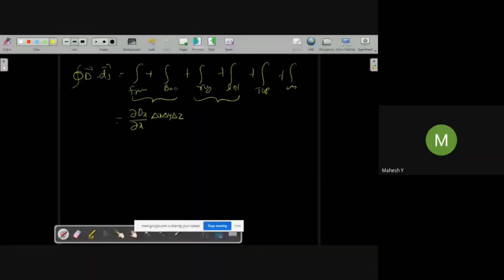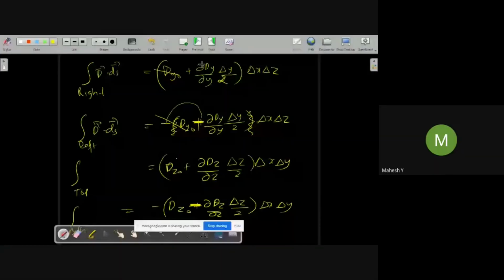Similarly, if you add right plus left, again this minus will become plus if you remove this. So what happens? Dy0 minus Dy0 cancels, so this entire term is a constant. This is by 2 plus the other by 2 will give again the same ∂Dy/∂y.